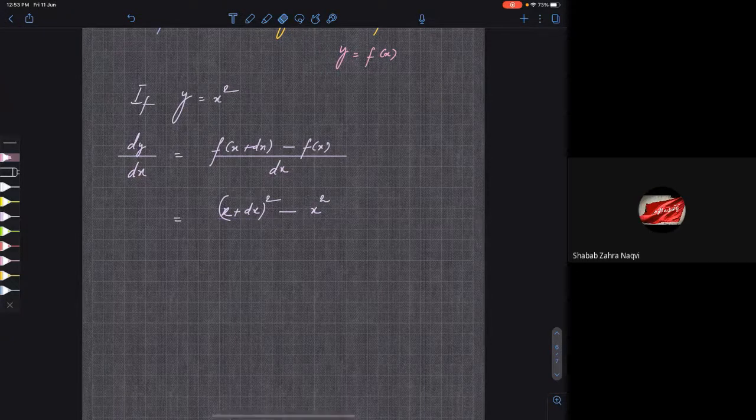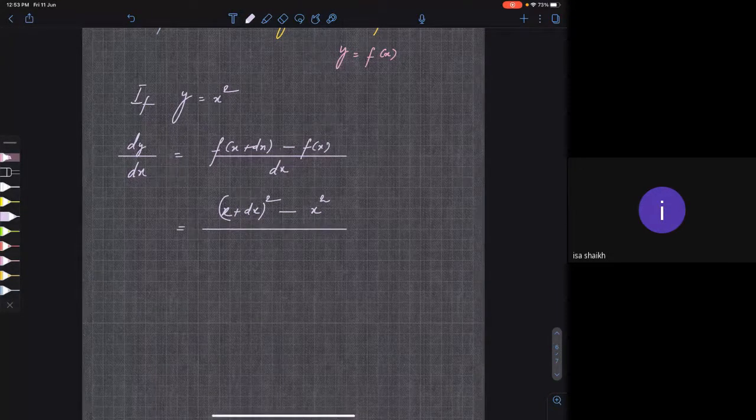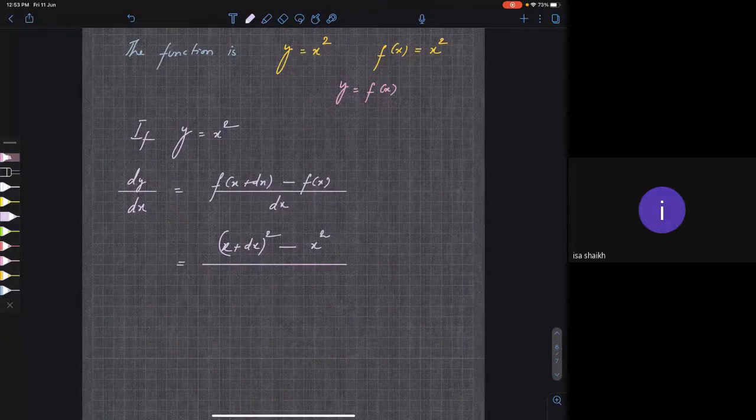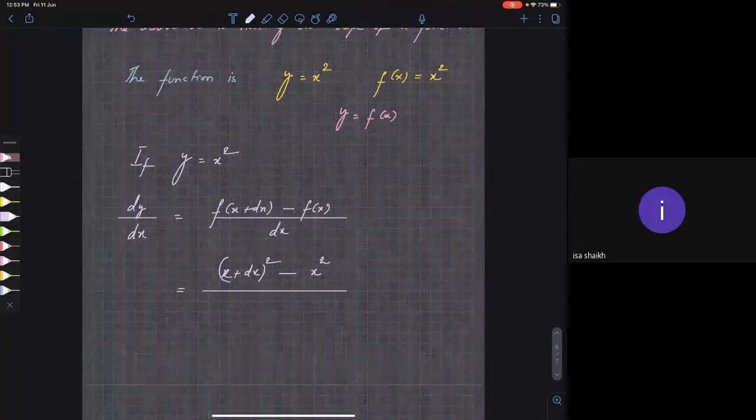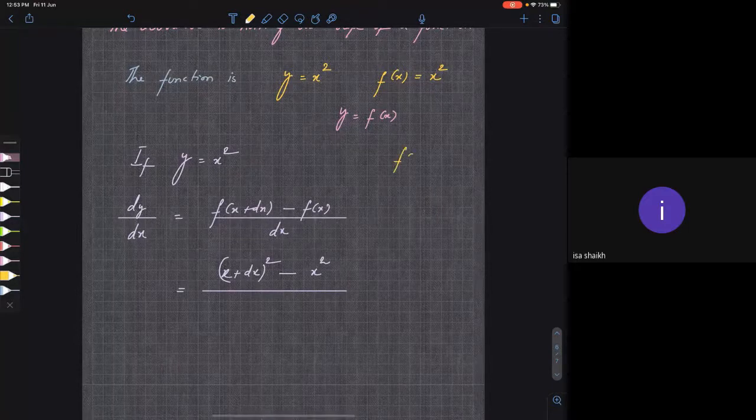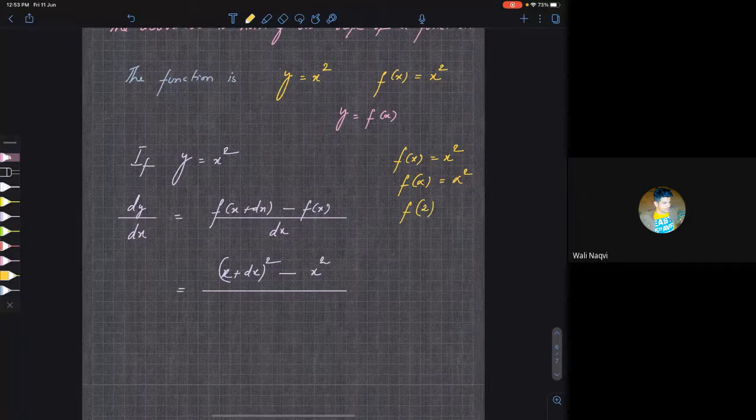Yes, sir. No, sir. Can you repeat this one? Yeah, I'll repeat it. See, if f of x is x square, what is f of alpha? Let me write it down here. It is alpha square. What is f of 2? It is 2 square.